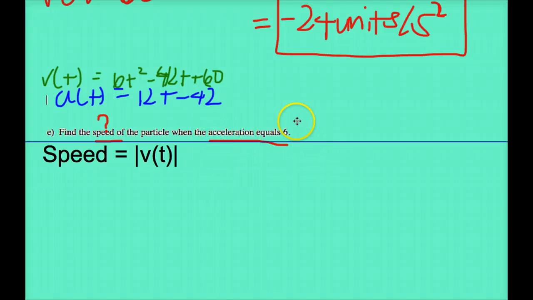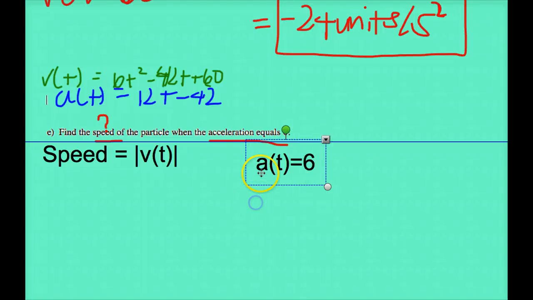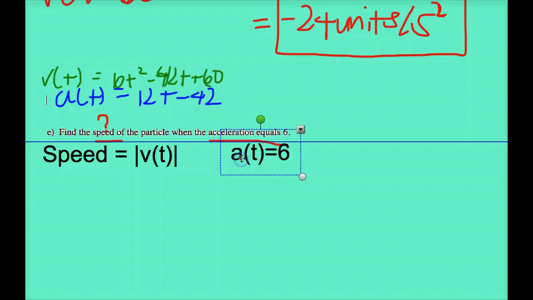But I actually need this information, because in order to use my v of t, don't I need to have a t? So I need to find out what this t is by using this piece. It says set the acceleration equal to 6. So that means I need the acceleration, which is a of t, equals 6. So where am I going to find this a of t?